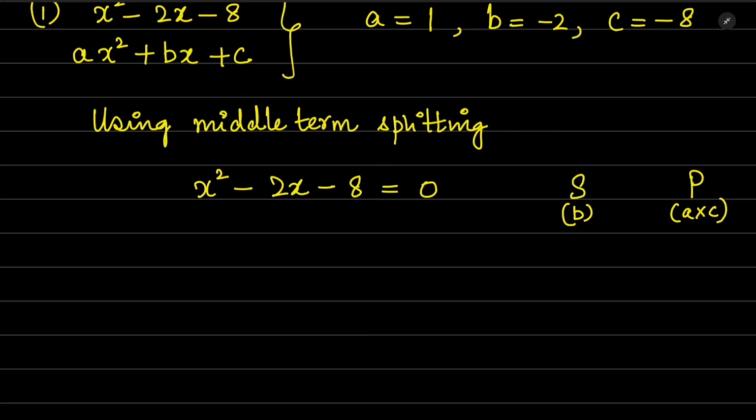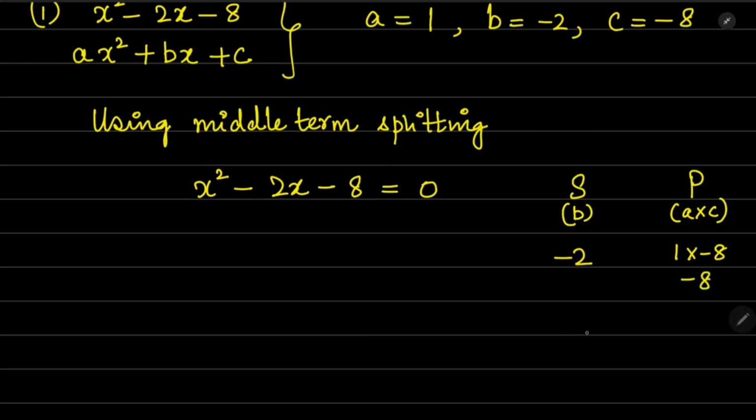Sum is b, so b is minus 2. Product is a, the coefficient of x square, here it is 1, into c, minus 8. So 1 multiplied by minus 8, which is minus 8.